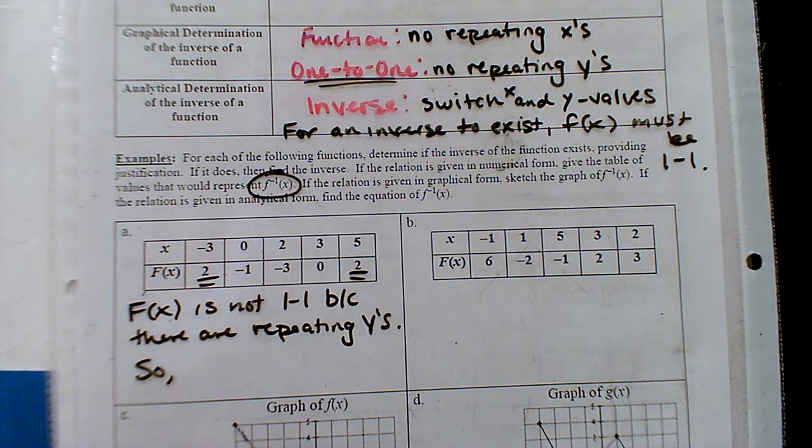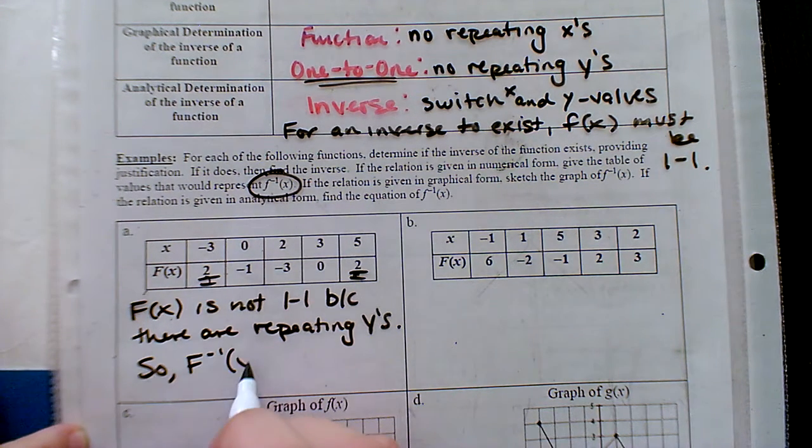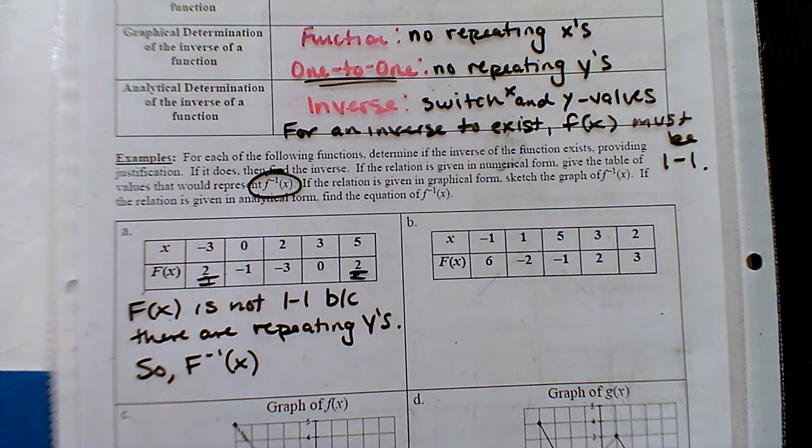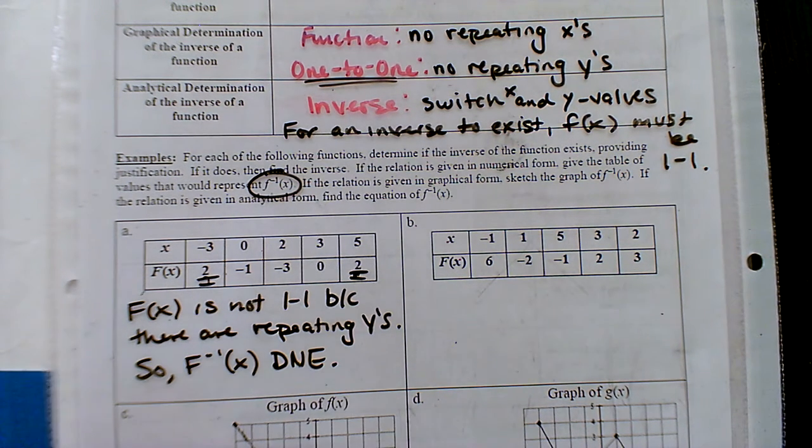If we were to switch the x's and y's, it would not be a function. I hope that makes sense, because if these 2 y values then become x values, these would be repeating x's. So the inverse, f to the negative first power, does not exist, meaning it's not a function.